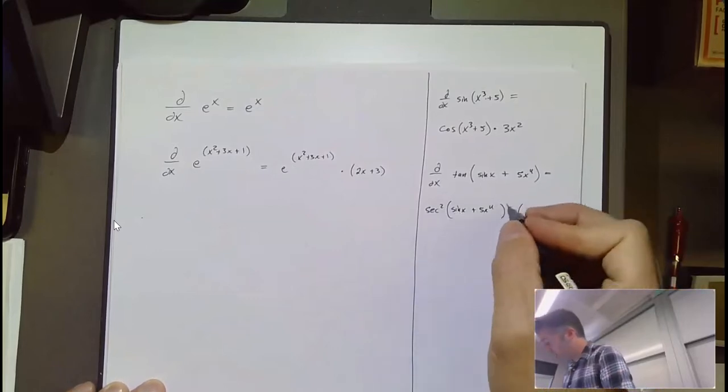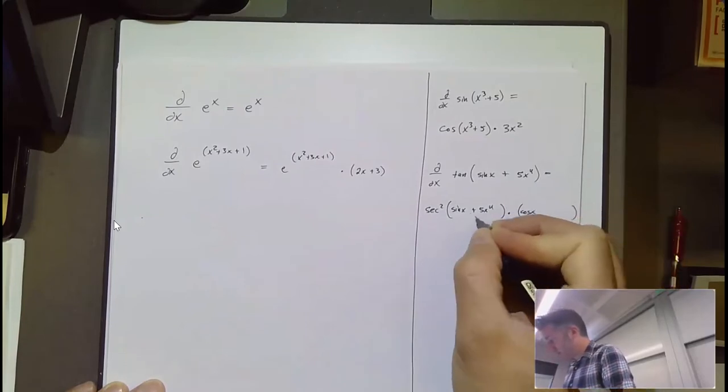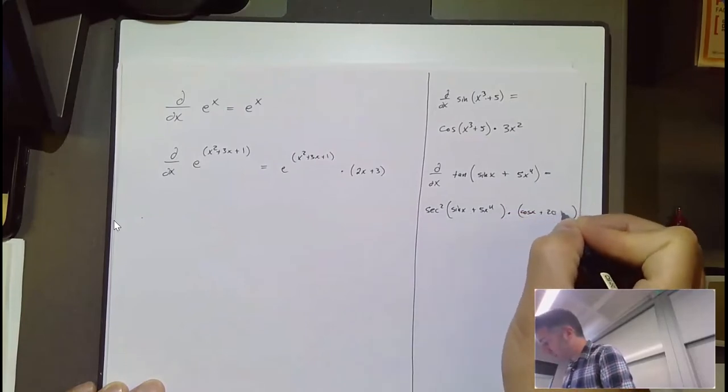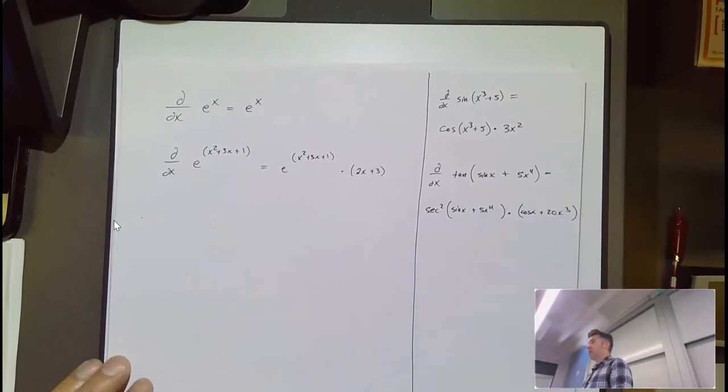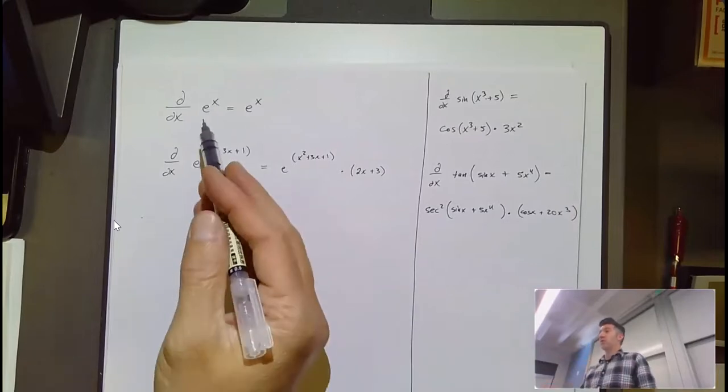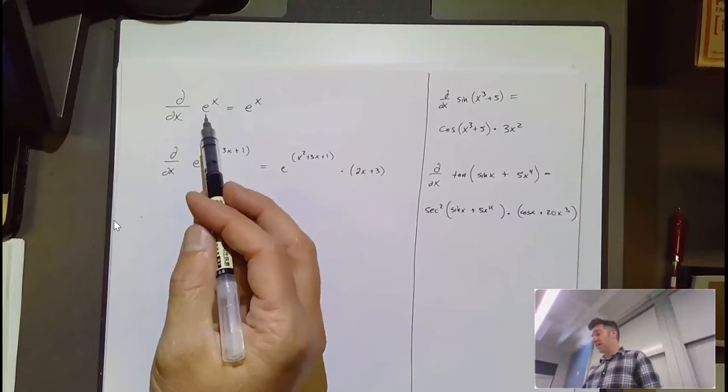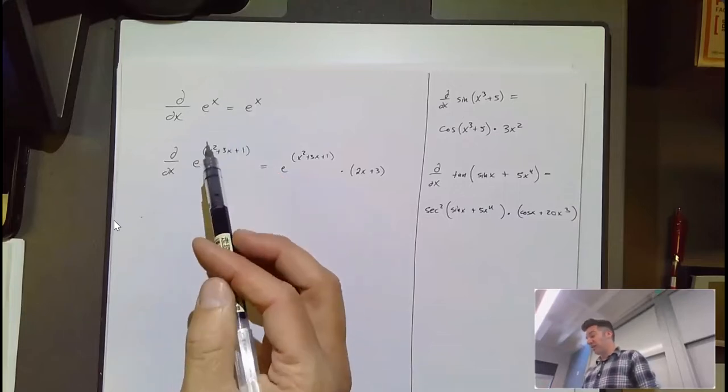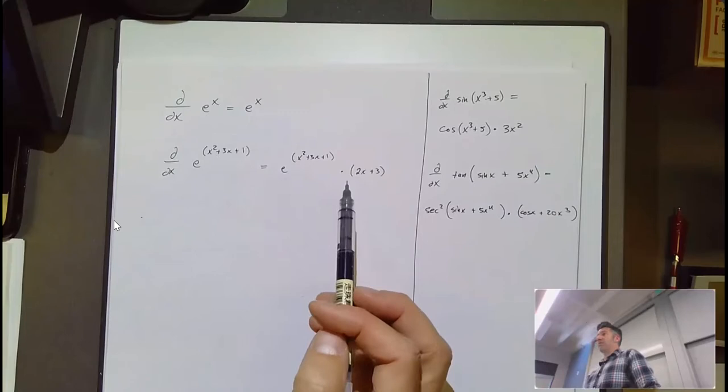The derivative of sine of x is cosine of x. The derivative of 5x to the 4th is 20x cubed. So it's the same for any type of function. It's just that this is a new function we're taking the derivative of. So the derivative of e to the x is e to the x. The derivative of e to the stuff is e to the stuff times the derivative of stuff.